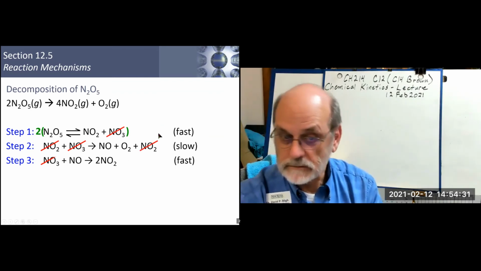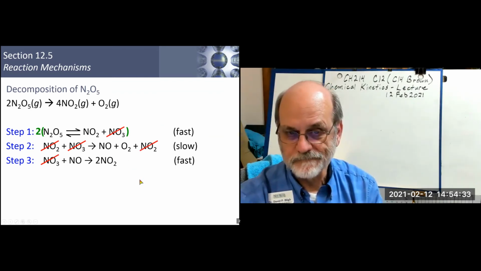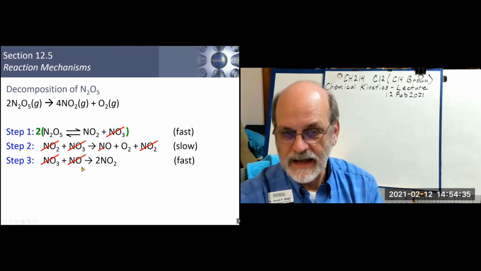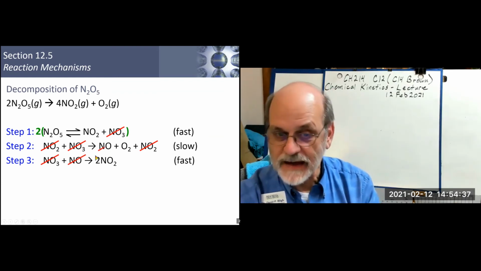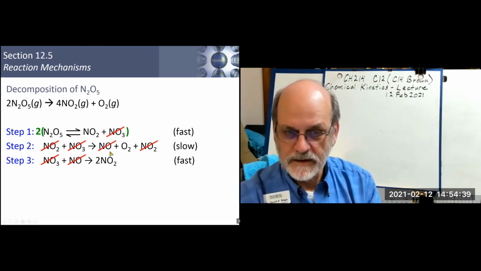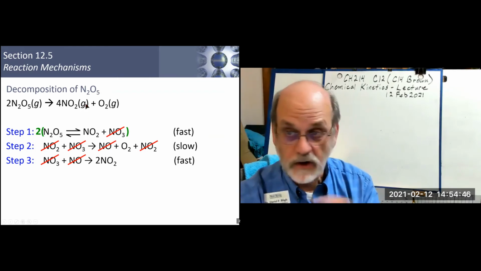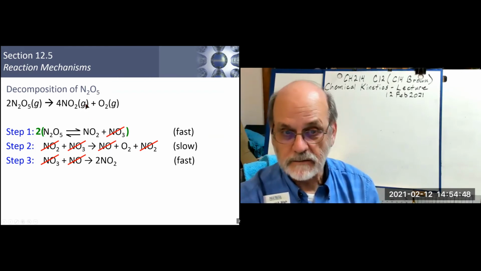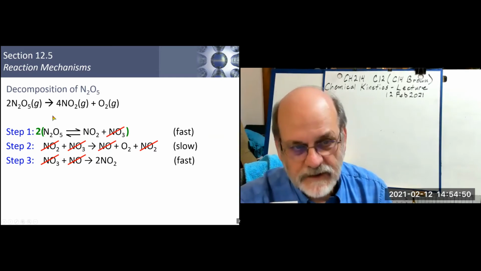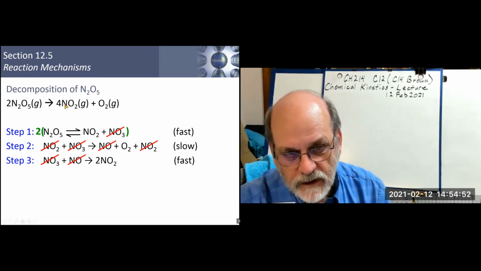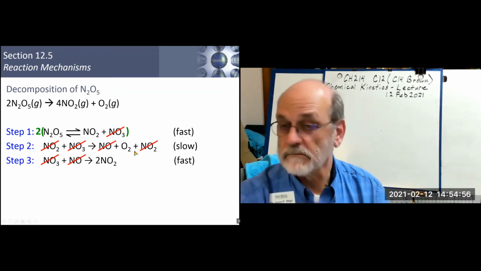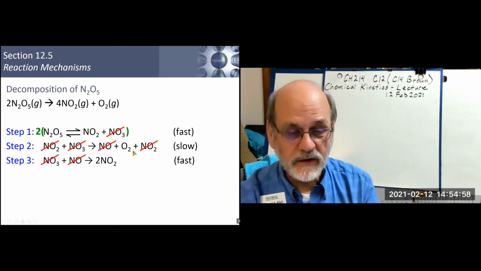These 2 are gone. And these are gone. They're on opposite sides of the arrow. So that's good, right? We don't have any of those extra NO3s hanging around because they're not in the overall equation. Let's see if we got anything left. N2O5, NO2, yeah, there and there. O2 is there, okay? Everything that we need is still there.